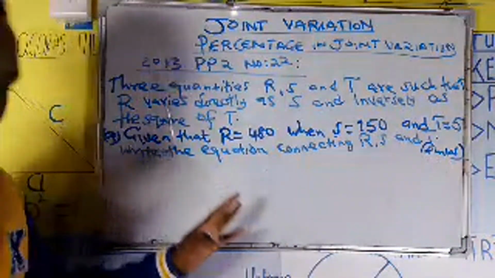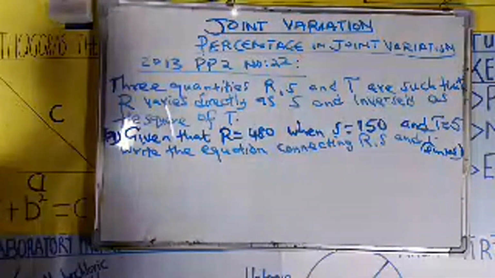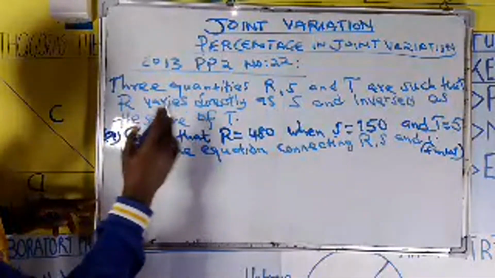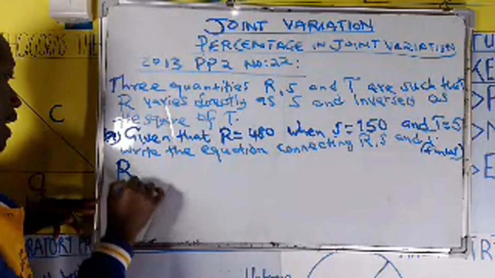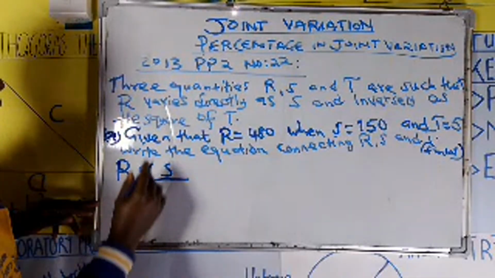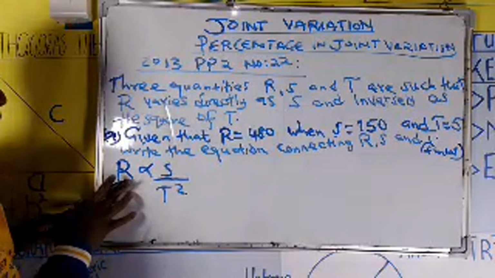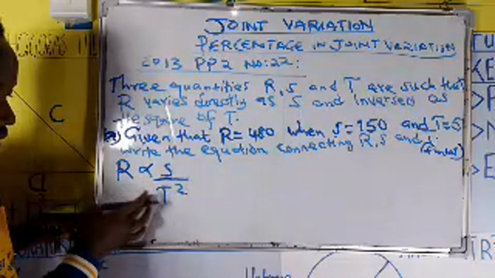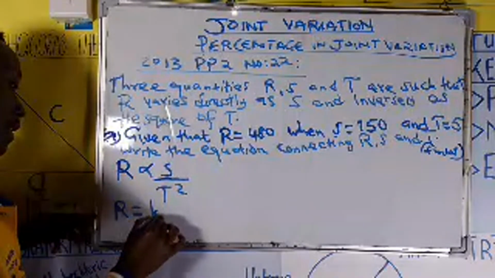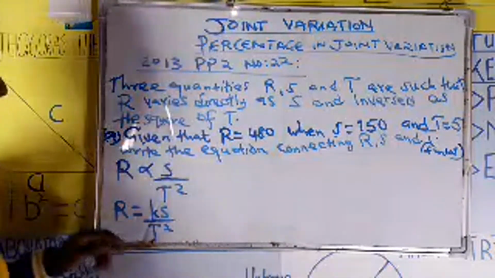I understand we had done this part, but we can do a recap as we do the last question. So we are being told three quantities R, S, and T are such that R varies directly as S and inversely as the square of T. Then R is going to be equal to KS over T squared.